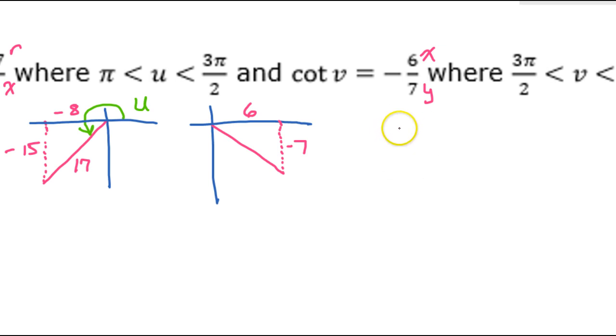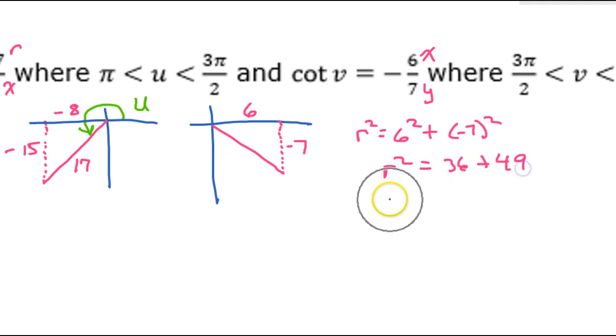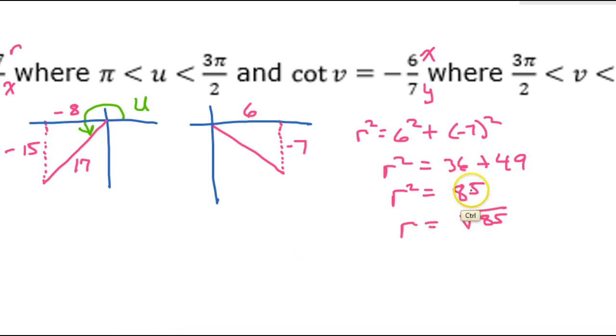So radius squared is going to equal 6 squared plus 7 squared. So that's going to be 36 plus 49. So I've got 85, so that means r is the square root of 85.